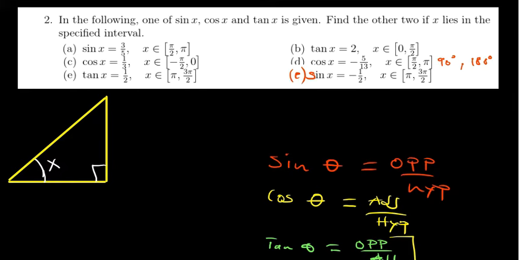So the adjacent can be negative 5, and then the hypotenuse can be 13, since cosine is adjacent over the hypotenuse.